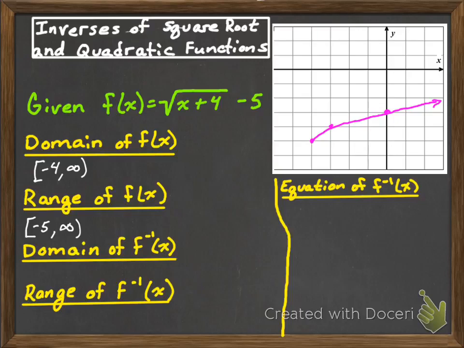All right, so if we graph the inverse of this, we can get it by simply switching the x and y coordinates. The coordinate right here is -4, -5. If I switch those coordinates, that would be -5, -4, which would be located right here. So let's put a point right there.